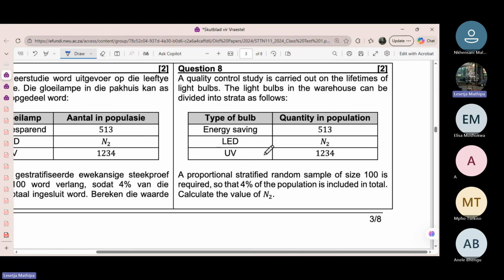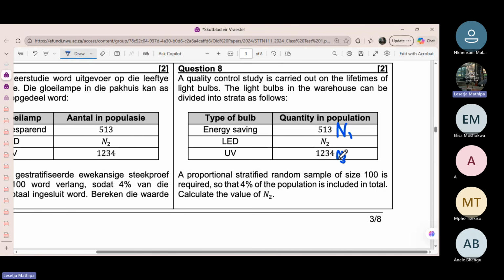Okay. Question 8 says a quality control study is carried out on the lifetimes of light bulbs. So the light bulbs in the warehouse can be divided into strata as follows. Now we are given the energy saving, capital letter N, E, and then N1, N1, N1, N1, N2, and N3.